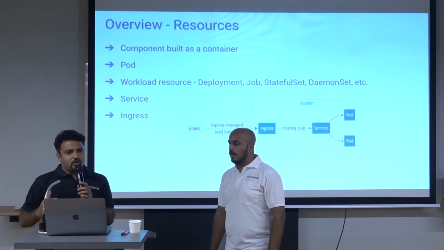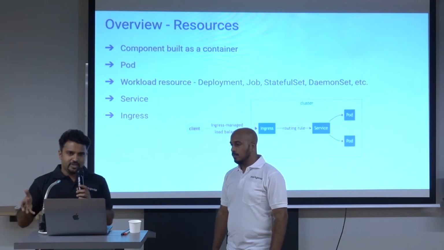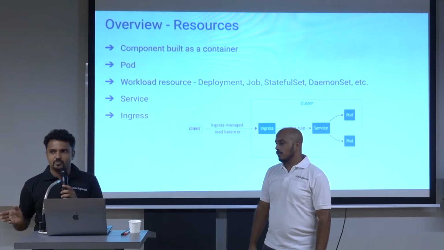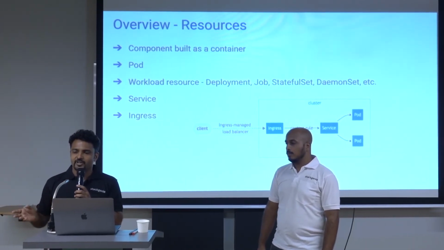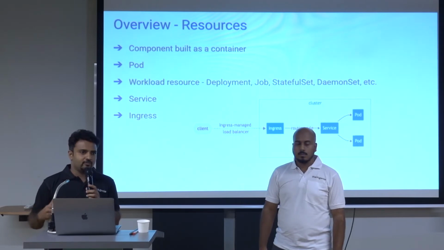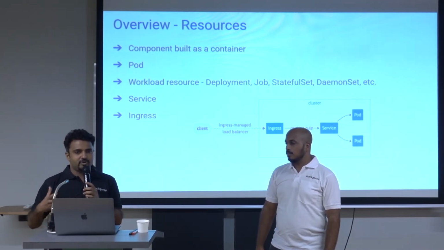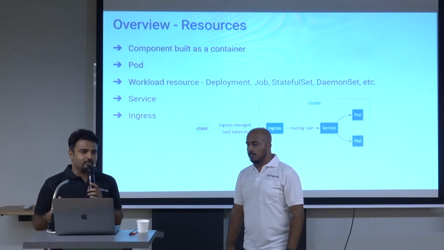This pod can pack multiple containers too. And in a pod, each container shares a network namespace, which means these containers can communicate with each other using different inter-process communication mechanisms and shared volumes. So that makes it possible for us to package a coherent set of containers into a single pod.